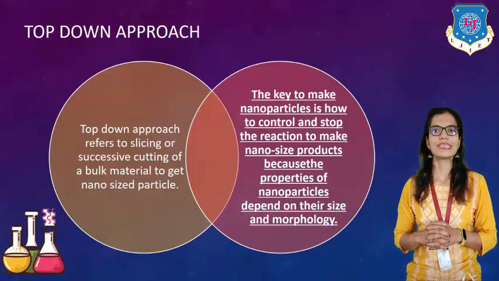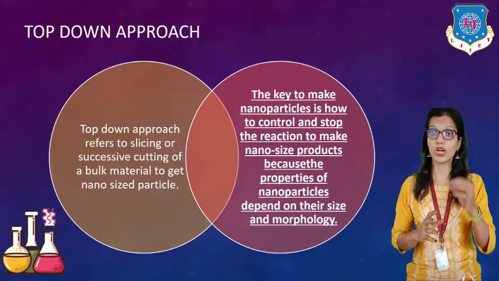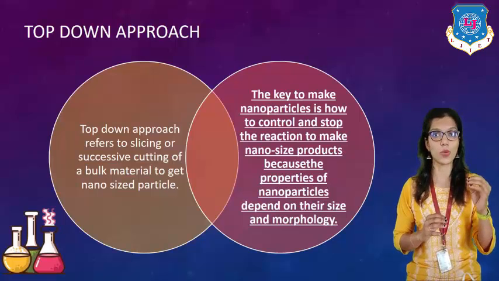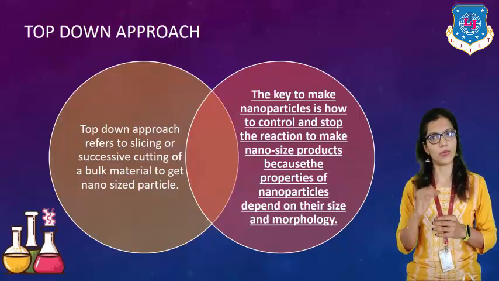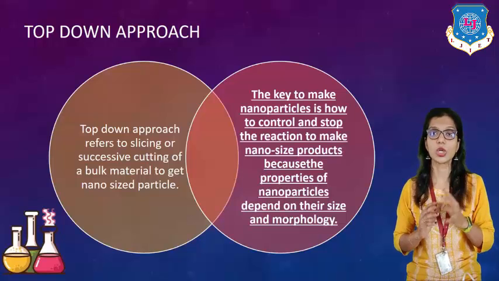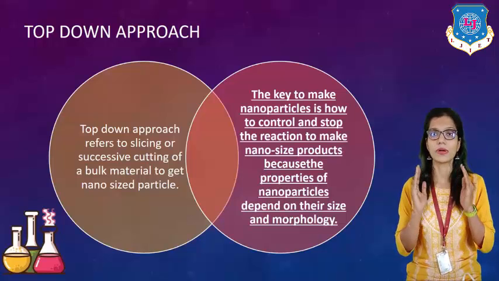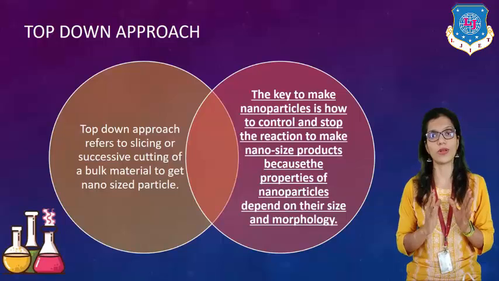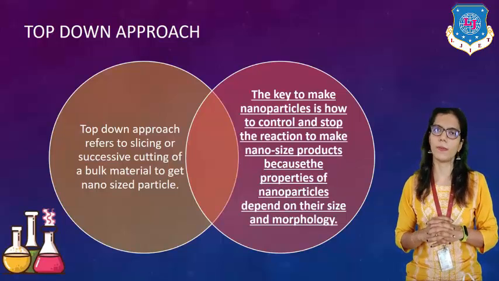Now, let's look at the difference between the top-down approach and the bottom-up approach. First we will take an overview and afterwards we will go into the details of the top-down approach as well as the bottom-up approach.